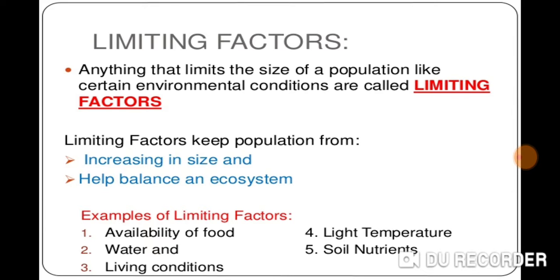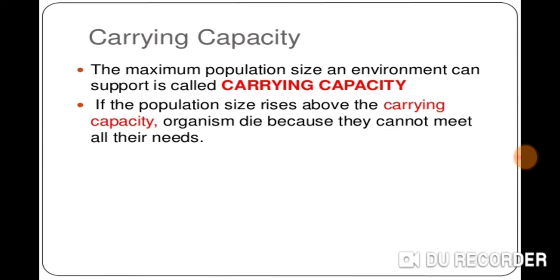For example, the availability of food for certain organisms, the availability of water, the living conditions, the temperature limits, the soil nutrients available for the growth of that organism. So these are certain limiting factors that limit the growth and the proper breeding of a population in a community.